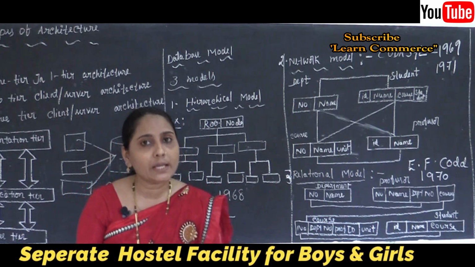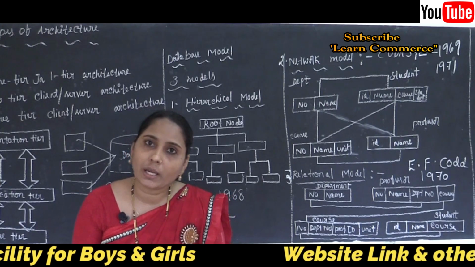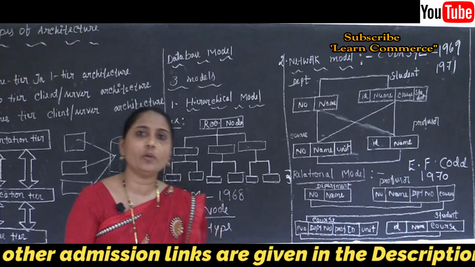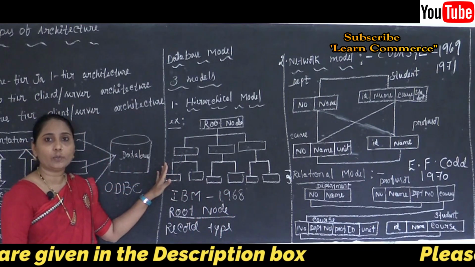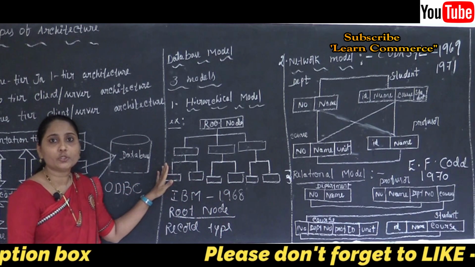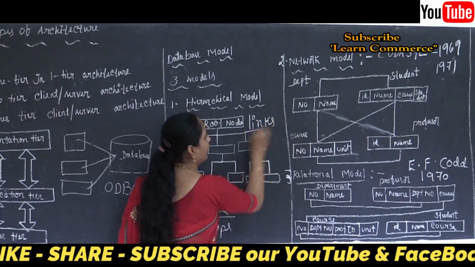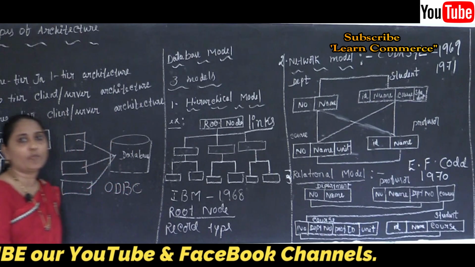So the relational data model is not like the hierarchical and network data models. Why? Because we know that in the hierarchical and network data models, we are going to use links, correct? Because of links, the records are connected from one to another.